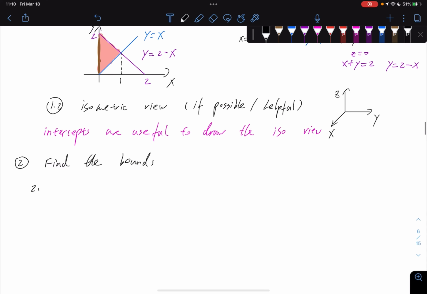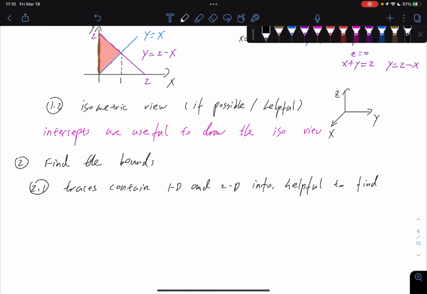So 2.1, traces. The whole point of drawing the traces is to help us find the bounds, right? They contain one-dimensional and two-dimensional information, and are helpful to find the constant bounds.